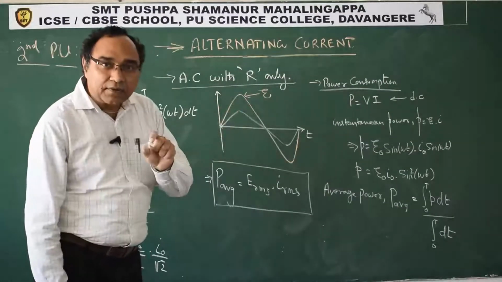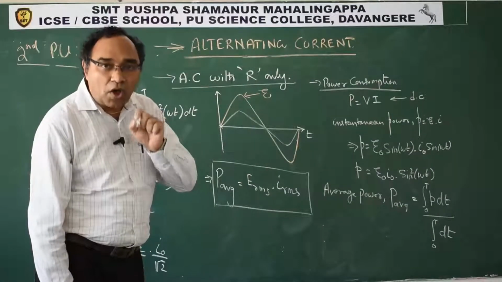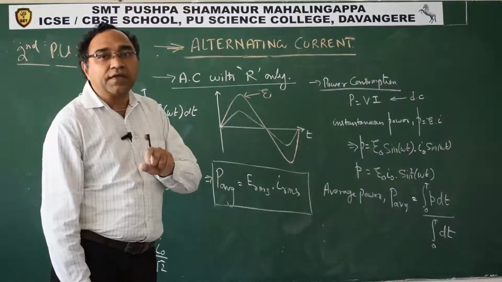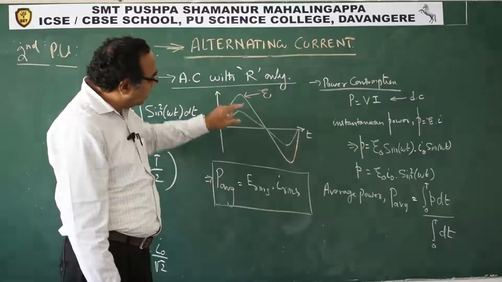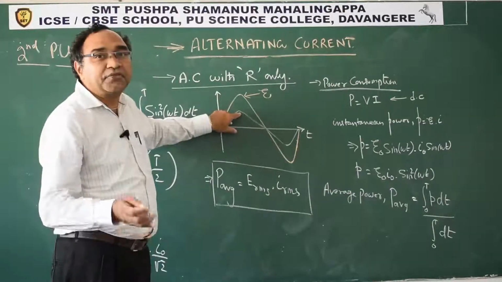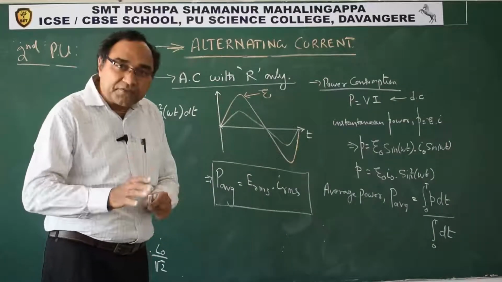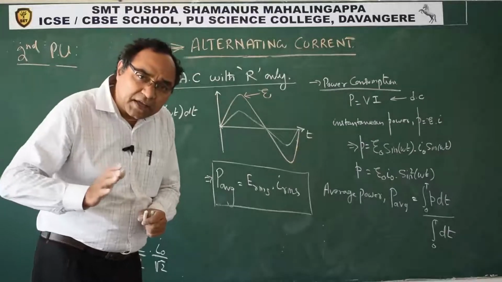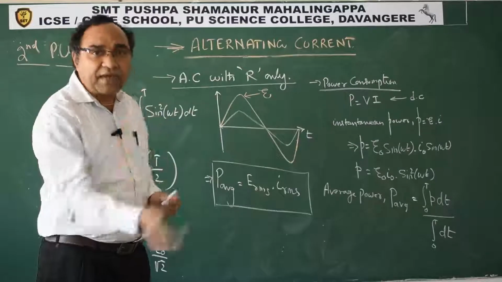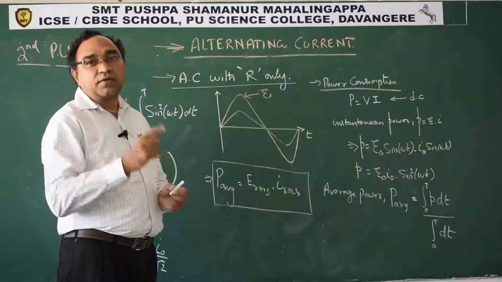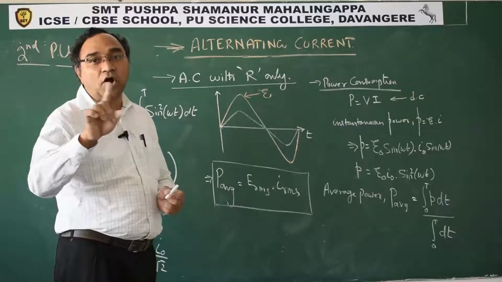If there was blocking, how could they travel together? This means that current is traveling along with the voltage in the same phase. Therefore, it is not getting blocked.